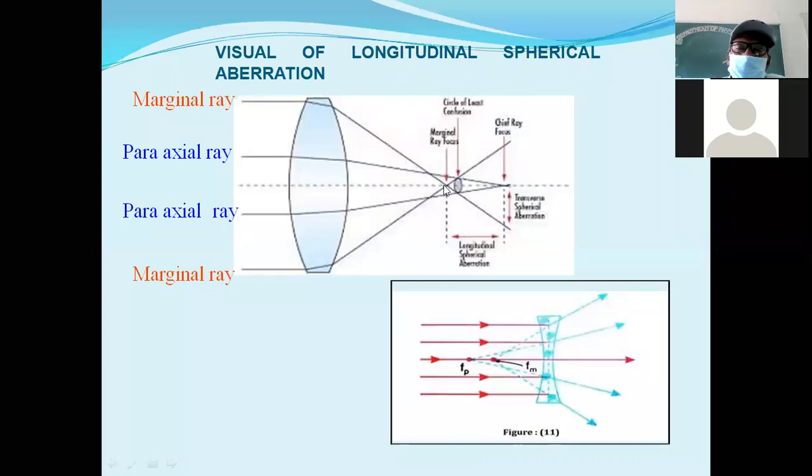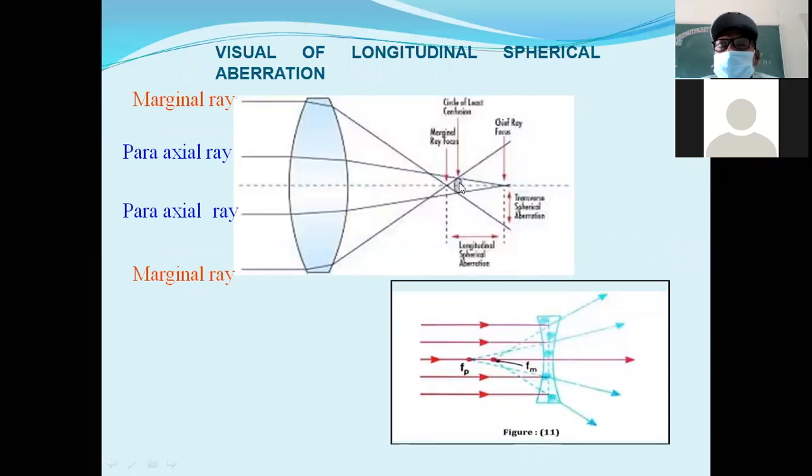Whereas if the screen is placed here, the intensity at the center of the circular disk will be less and the intensity at the outer edge is high. If we move the screen from this point to this point, at a particular position of the screen, the image will look like a disk of uniform intensity.